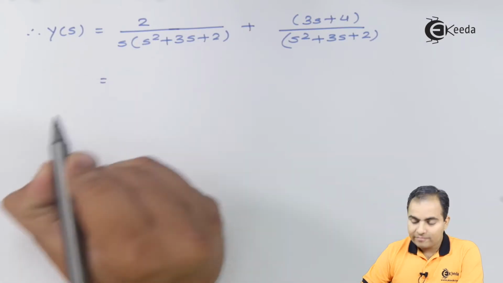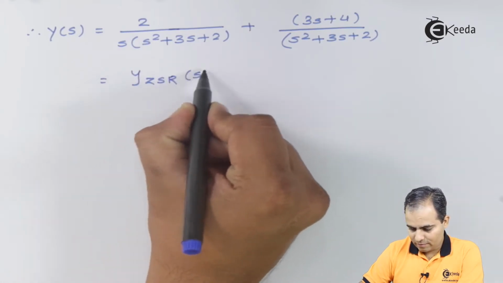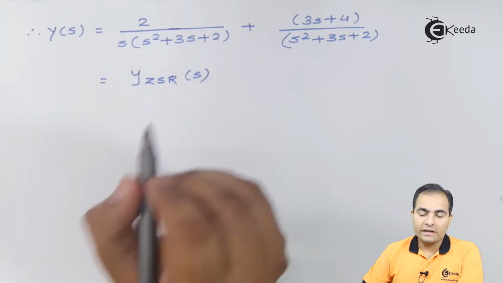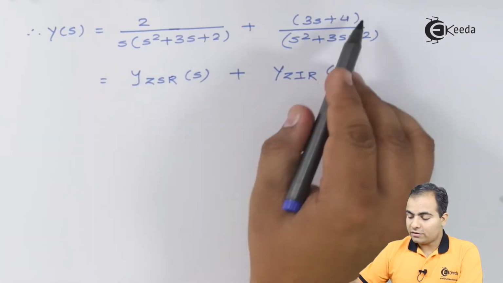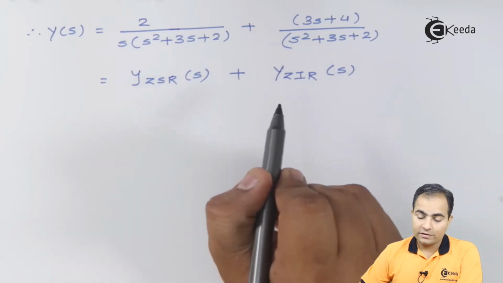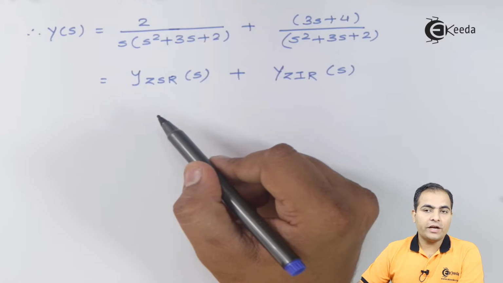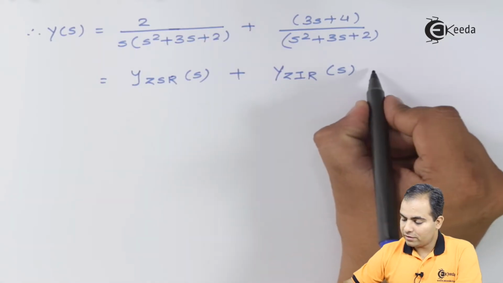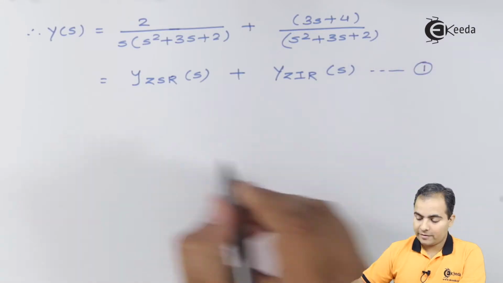So let's say this is nothing but the zero state response value but in terms of s, and this whole term is nothing but the zero input response value but in terms of s. I want the response in time, which means we have to convert both these functions into the time domain by using the inverse Laplace transform. So let's say this is my equation number 1.